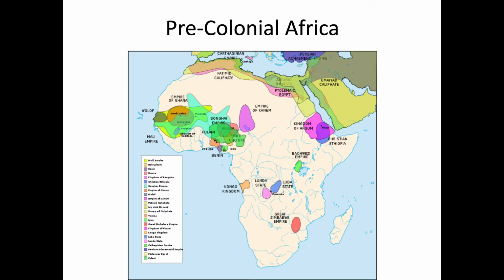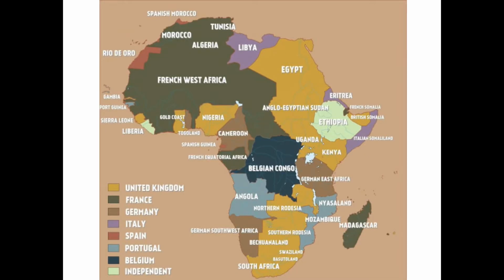Where we sort of joined the story is in the late 1800s, where we have something called the Berlin Conference, which is a meeting. And what was happening was Europe was going through its industrial revolution, and we were running out of resources. What you do need a lot of in an industrial revolution are resources.